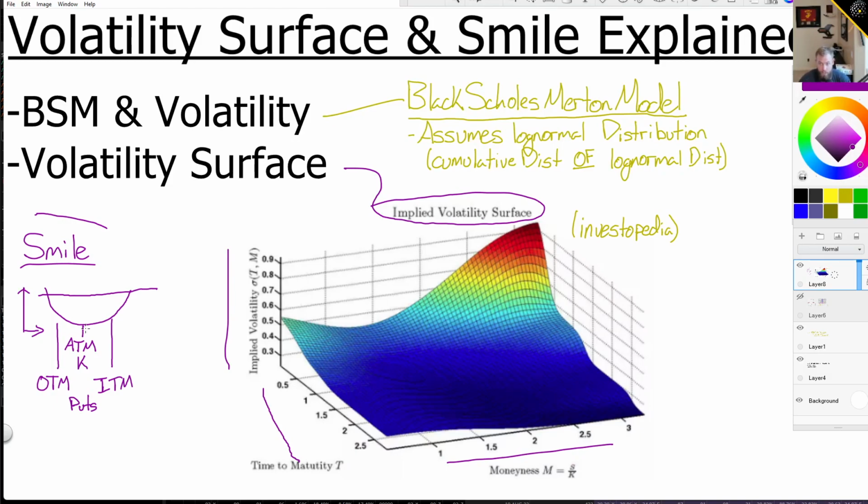It is product specific. So to recap, because I got 10 minutes and 40 seconds, I want to keep my promise. Overall, the Black-Scholes model in a vacuum assumes a log normal distribution, which is the cumulative distribution of a log normal distribution. That has certain series of assumptions that I showed to you are not the case.